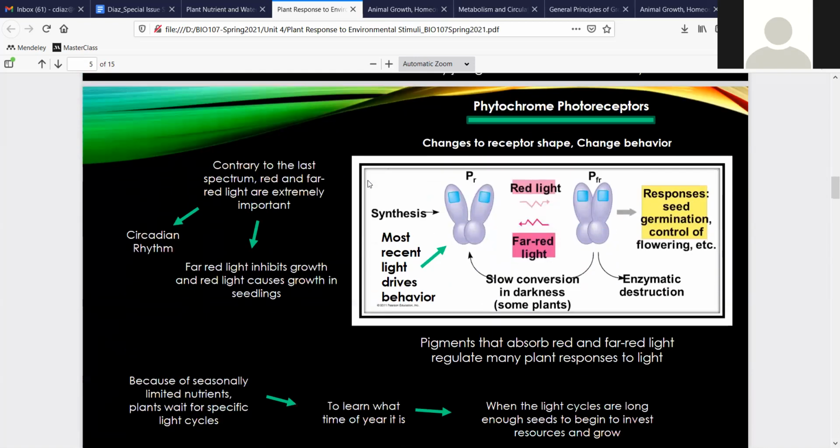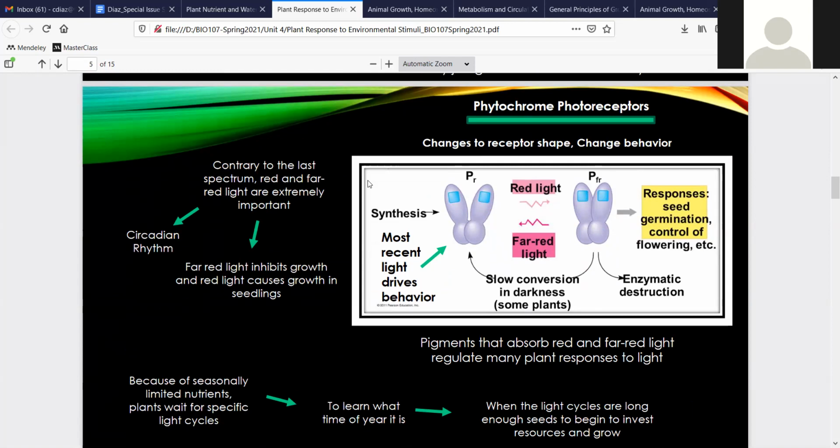So what I would like you to know about this is that plants obviously do not have eyes, right? They need to have a different sensory system in order to tell their environment. And so the way plants are doing this is, they're already taking in light for photosynthesis. They're already trying to be active when that's occurring. And so they've evolved multiple ways of interacting with that same light in order to tell things about the world around them.